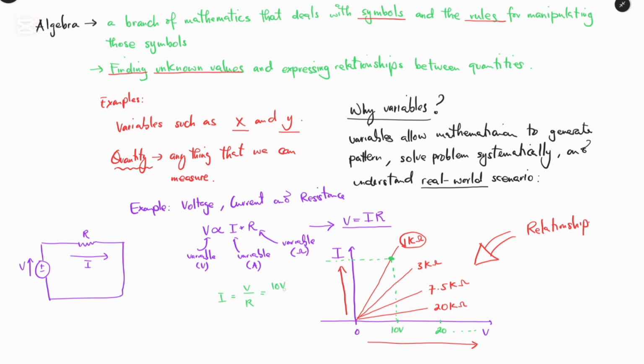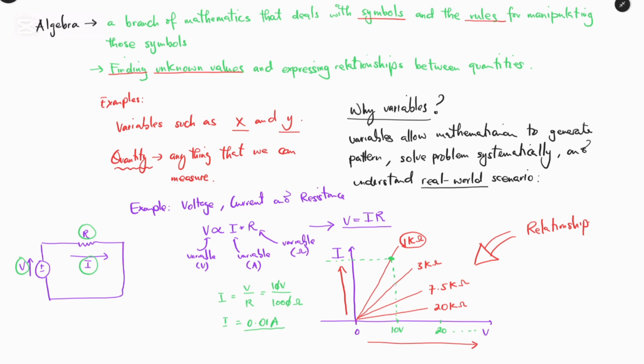If the voltage is 10 volts divided by 1000 ohms, we have 0.01 amps. That means if this resistor is 1000 ohms and this voltage is 10 volts, the current flowing through the circuit is 0.01 amps.